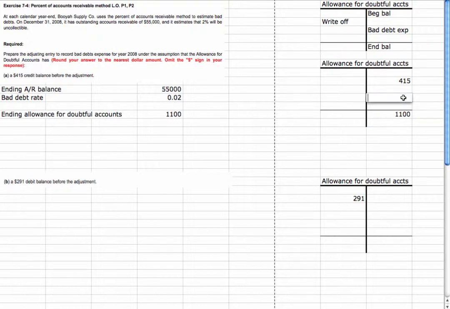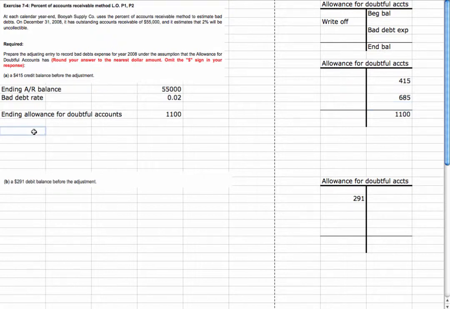So I could create an equation that said take my ending balance minus the $415 credit balance. And so I need to have $685 in bad debt expense in order to create $1,100 in the ending allowance for doubtful accounts.